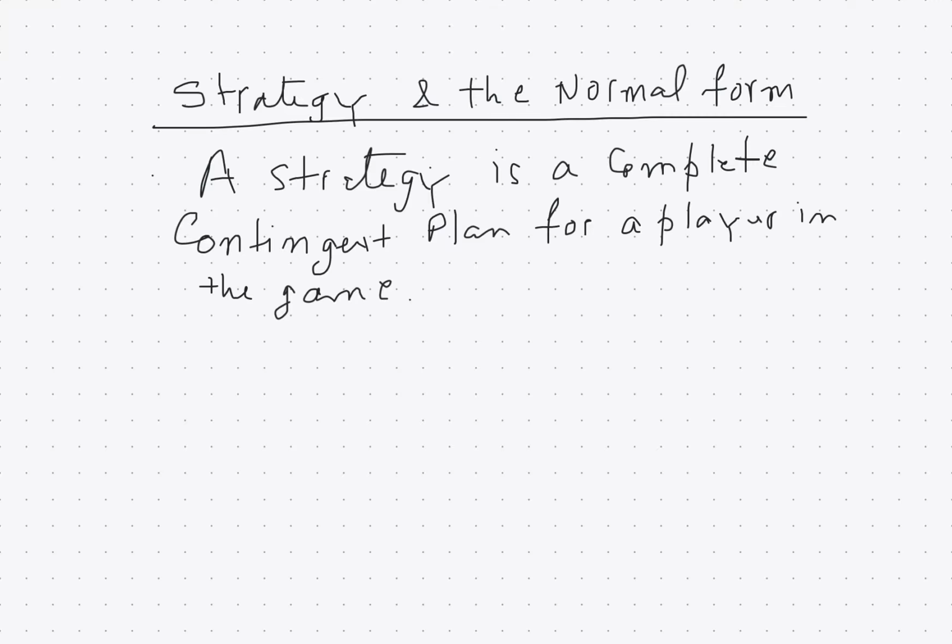So it's possible that in a game, even if a particular information set for a player has not been reached, the player must specify what he is going to do at that particular information set.